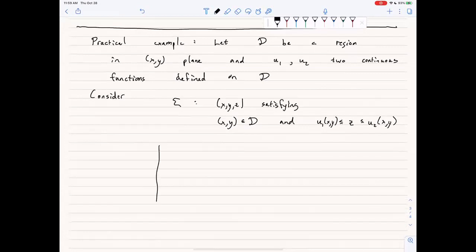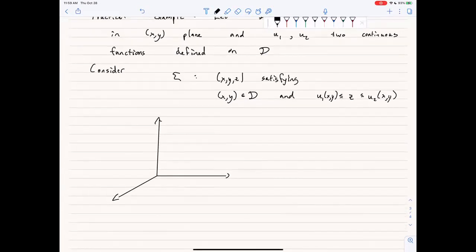So let me draw that picture here. So let's say we have this region here. This is our region D. Over D, we have these functions.